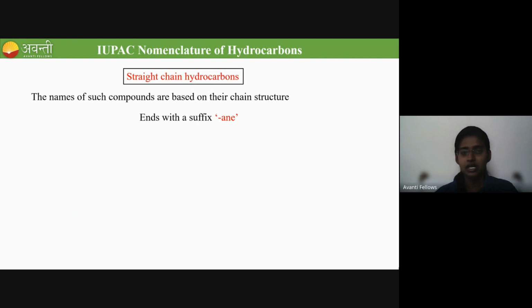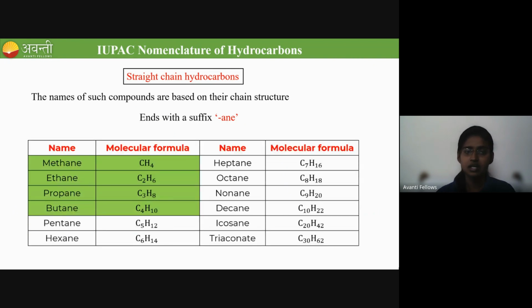Now I'll give you a list. If I have only one carbon, the alkane is called methane, then ethane, propane, butane. So here meth, eth, prop, but are the root words, and ane denotes the suffix: pentane, hexane, heptane, octane, nonane, decane, icosane.